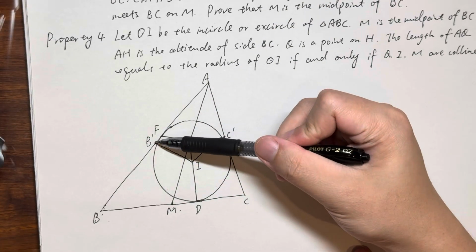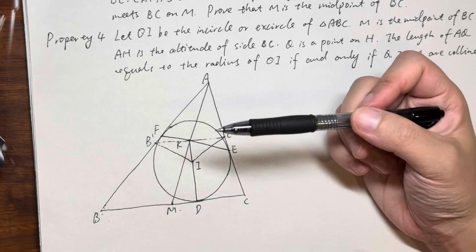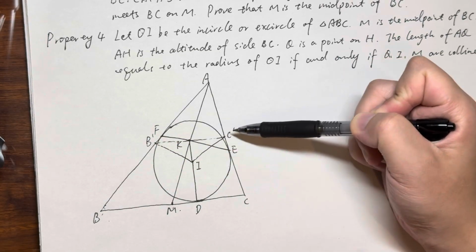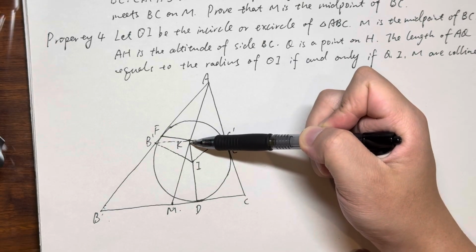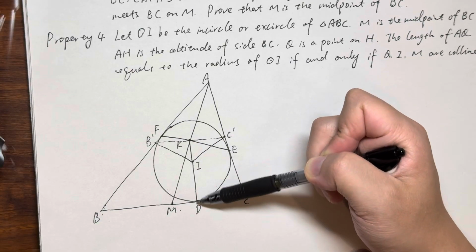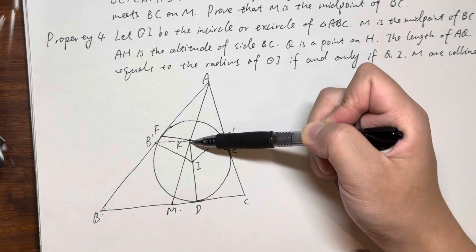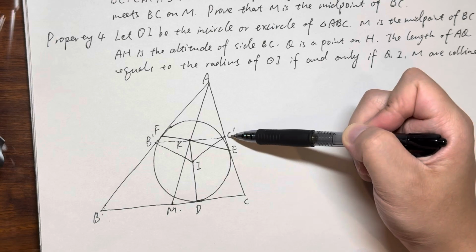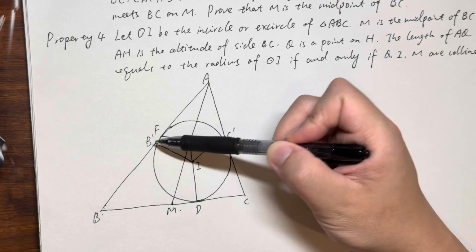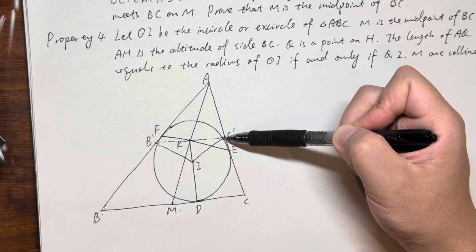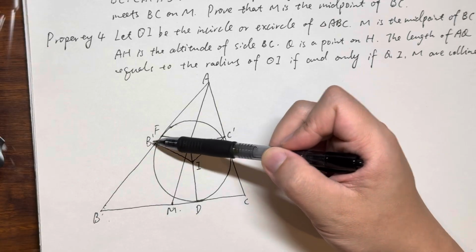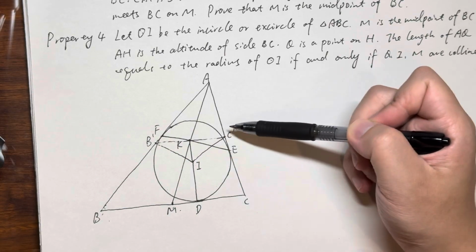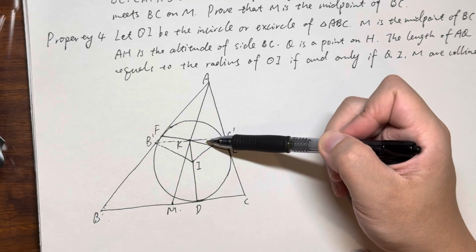Because we want to prove that B prime K equals C prime K. And we know DK is perpendicular to B prime C prime. So if B prime K equals C prime K, that means IB prime equals IC prime, so we can just find a way to prove IB prime equals IC prime in order to prove that B prime K equals C prime K.